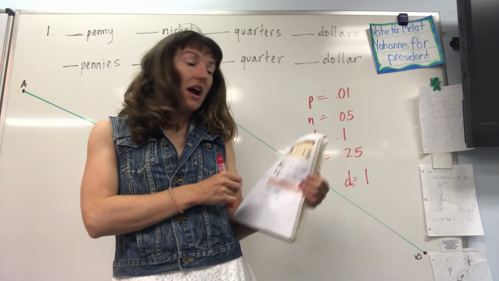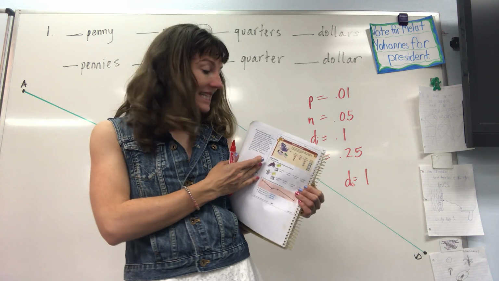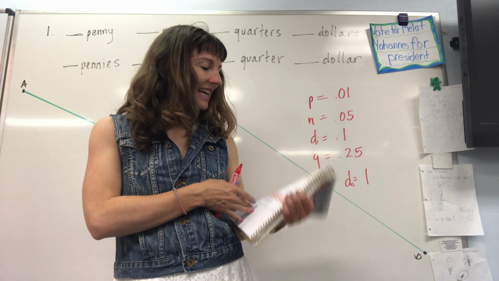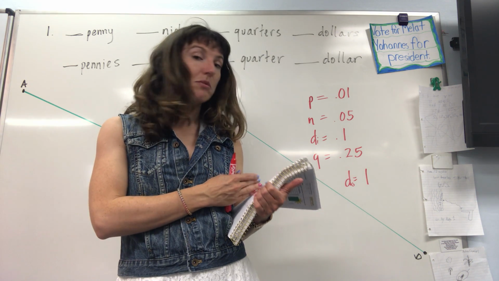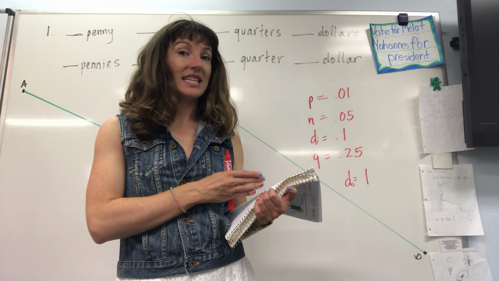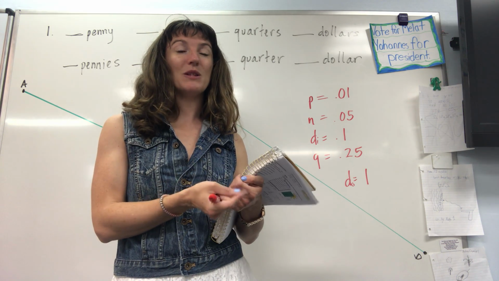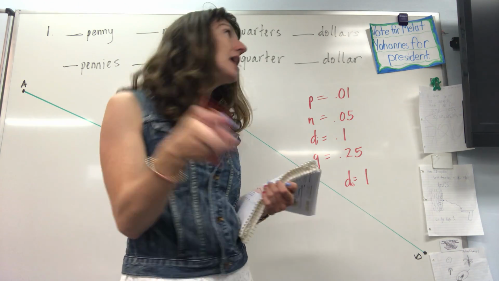We start at the price tag, $16.19. And we go from 16.19 to 16.20. That means we are adding 1 penny.